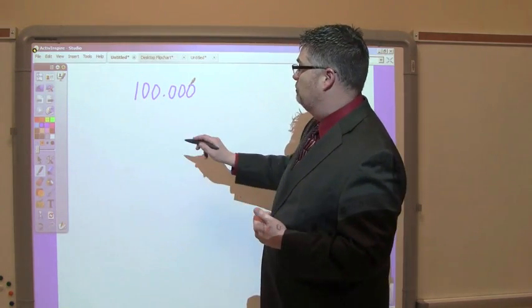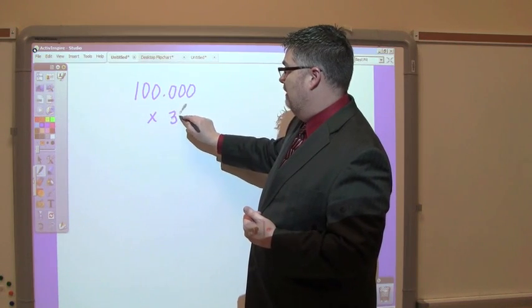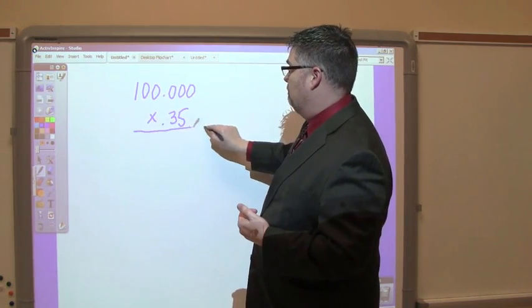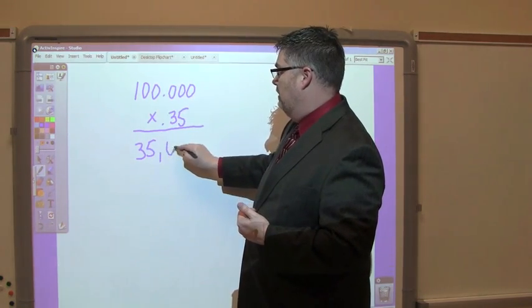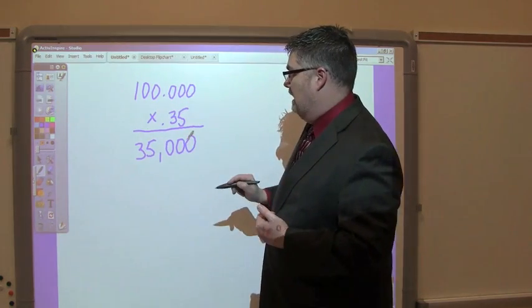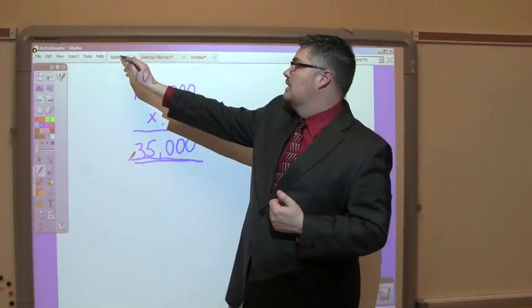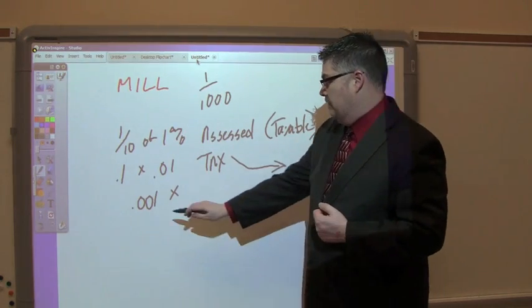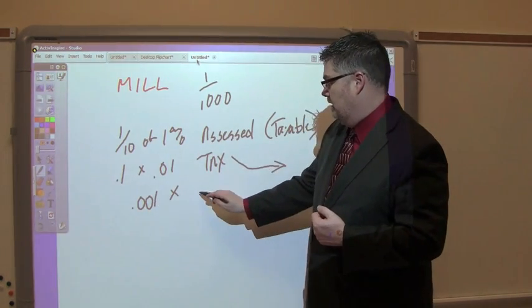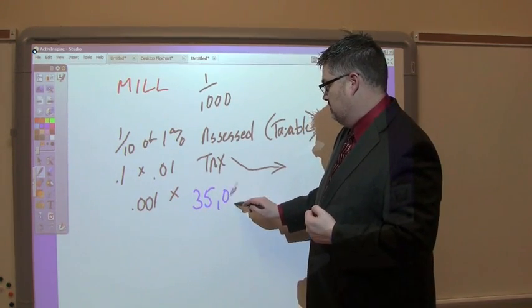So we are going to multiply this number times 0.35, which stands for 35%, and the taxable value of a $100,000 house is $35,000. So let's go back a page, and we'll do that right here. So we've got 0.001 times 35,000.